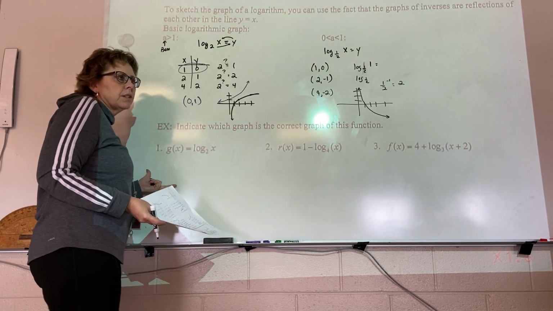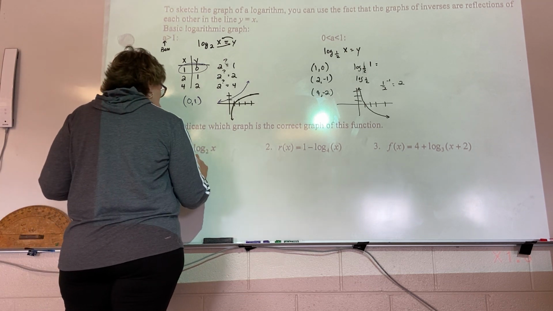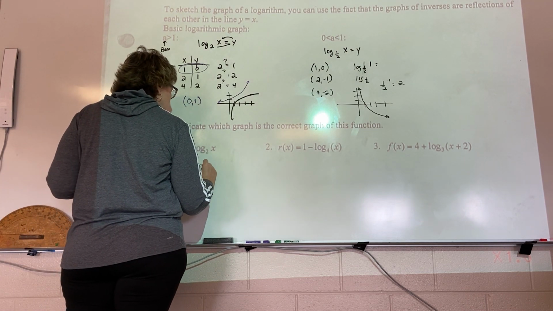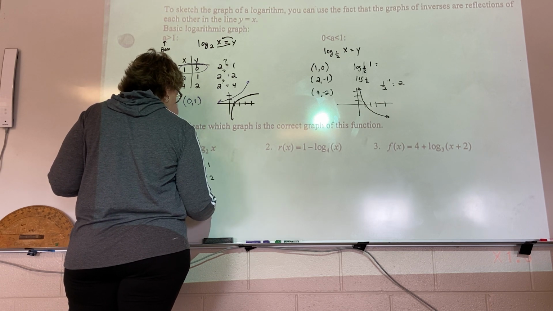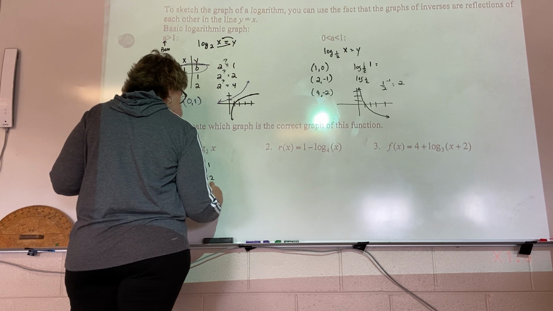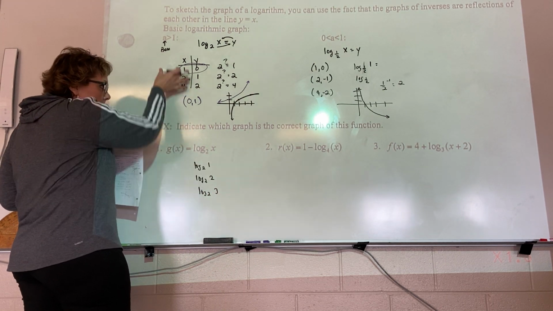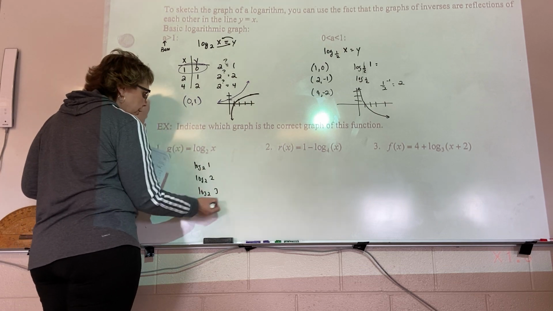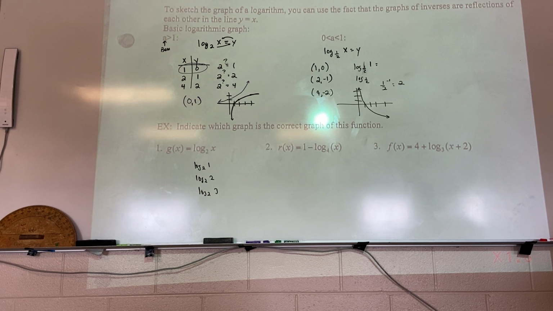So probably the easiest thing that I would suggest is just make up some easy points for x. And you have a calculator: log base 2 of 1, log base 2 of 2, log base 2 of 3, and come up with numbers. Okay, and I've already done this one for you, but you can stick this into your calculator and get values, and so you can plot it.